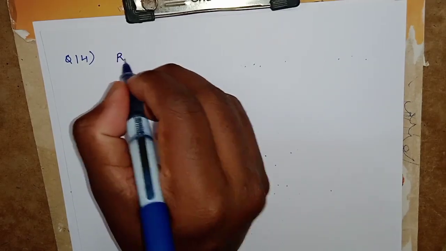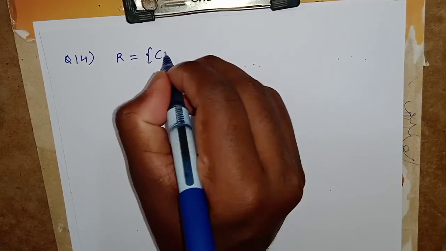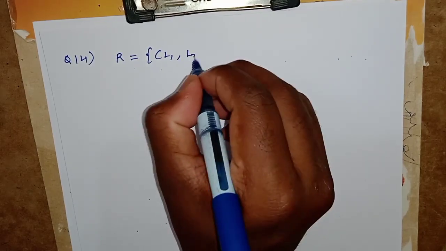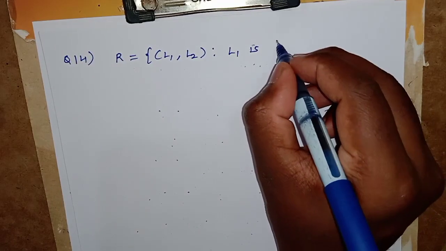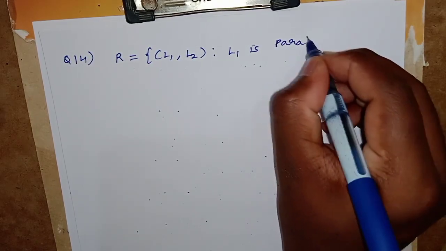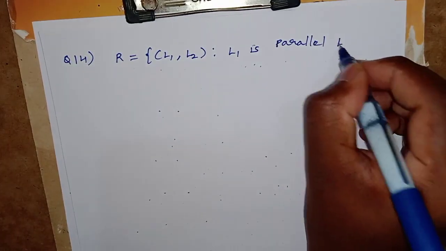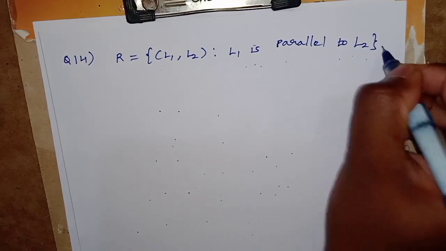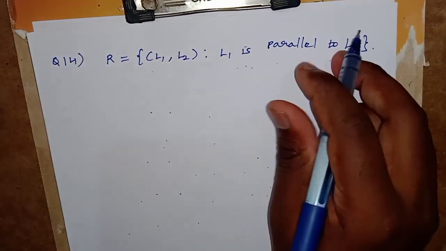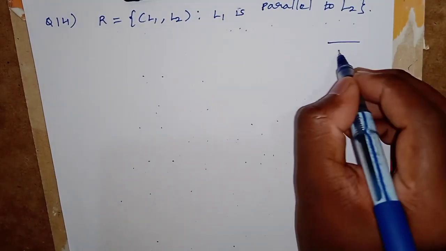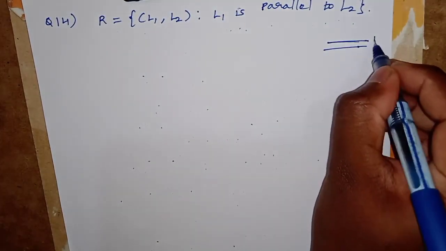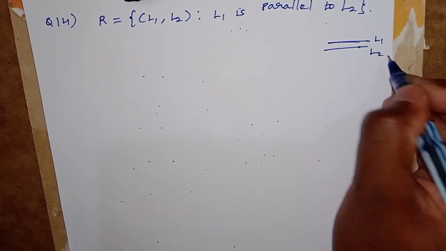Okay, here R is the set of L1, L2 such that L1 is parallel to L2.